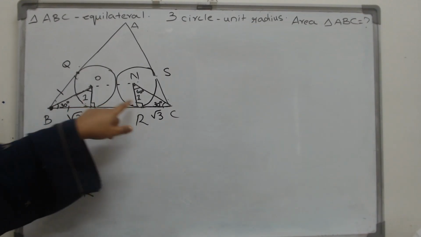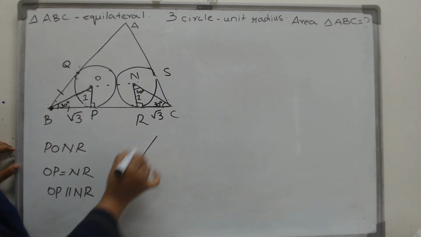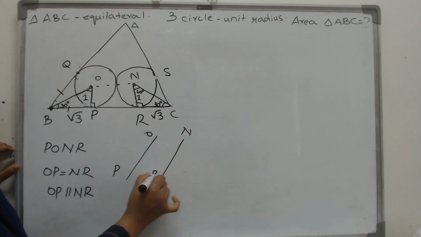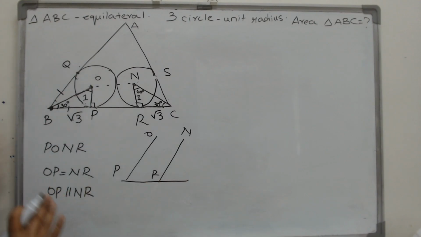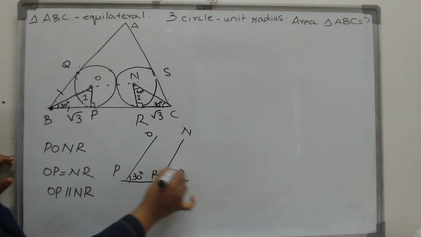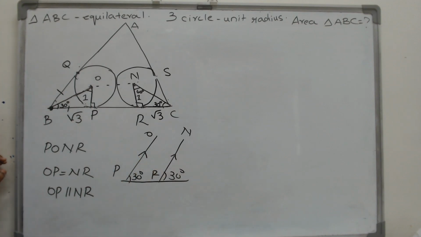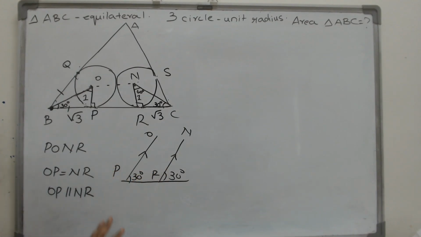Now this result we have got for 90 degrees, but remember this result is true for any angle. If you have two lines, say one is OP and another one is NR, and they make the same angle with a third line, this angle also makes a 30 degrees and this also makes a 30 degrees, then remember it means that the two lines are parallel, because they have got equal corresponding angles.